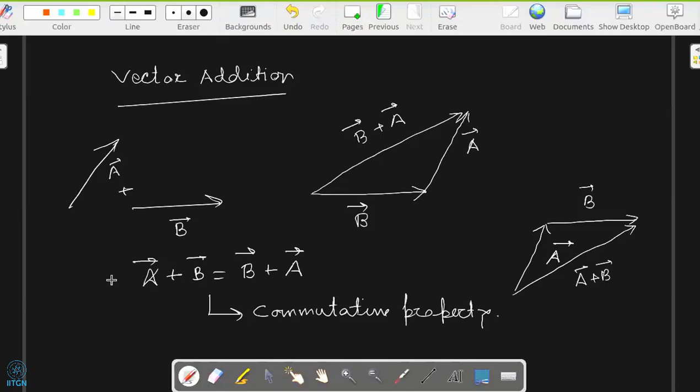Now this is very important. This is also known as the triangle rule.